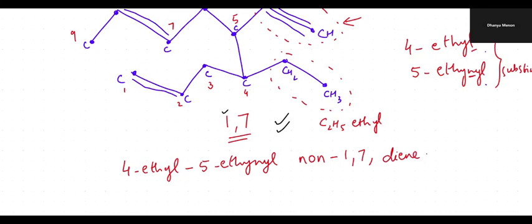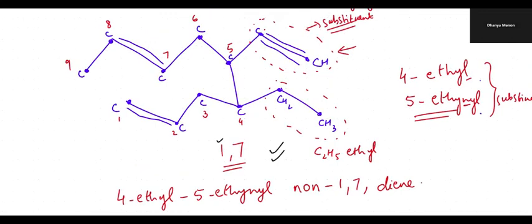I hope I'm clear and you understood why, even though this has a triple bond, it is just a substituent and we follow the alphabetical order while naming. Now, I hope it is clear.